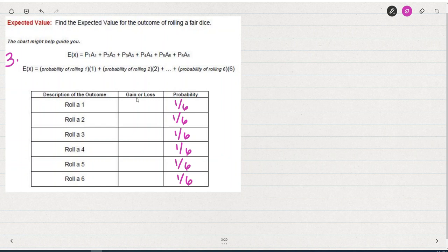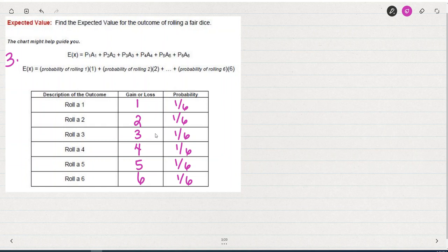For this example, our gain or loss is defined as whatever shows on the die. When you say find the expected value for the outcome of rolling a fair die, then the gain or loss is just the value on the die.